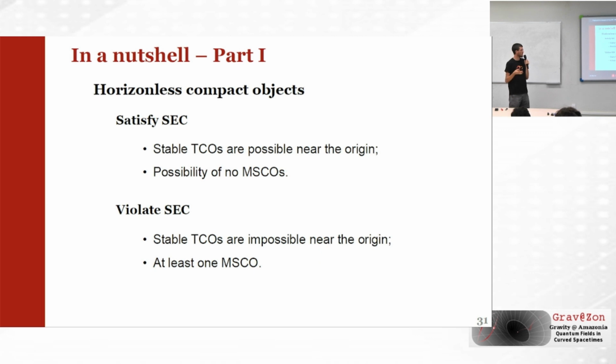For the case of horizonless compact objects, I show that if the strong energy condition is satisfied, we have stable time-like circular orbits near the origin, and we can have spacetimes with no marginally stable circular orbit. And if the SEC is violated, then the time-like circular orbits near the origin are unstable, and we have to have at least one MSCO.